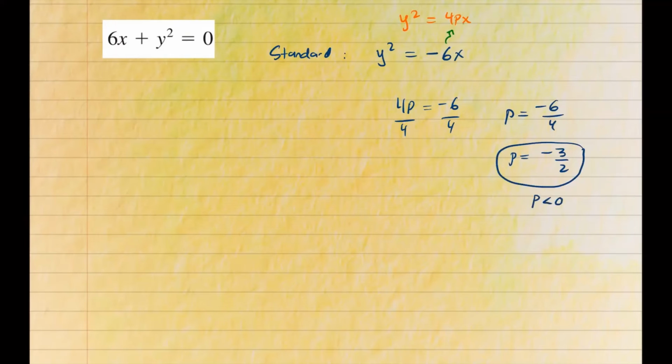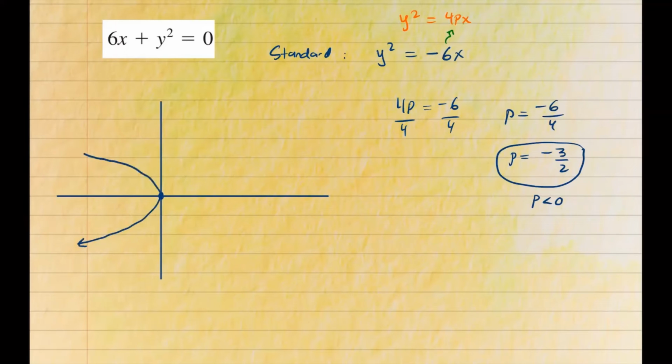Now, since it's y squared, you have a horizontal parabola. So let's go ahead and figure these out. So here's our plane. So because of the y squared, and since p is less than 0, we have a horizontal parabola that's going to open toward the left. So here's the vertex 0, 0, and the parabola looks something like that.